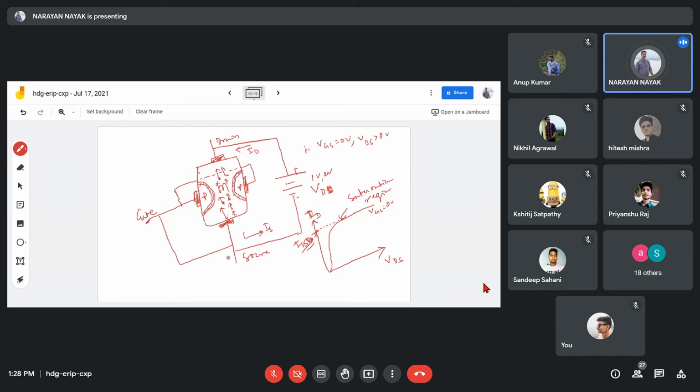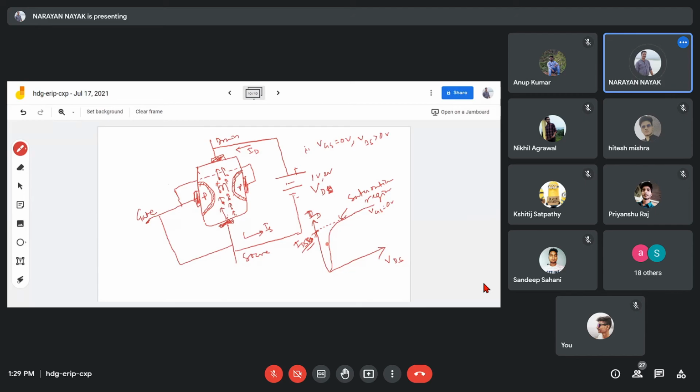What you understood: if the gate source voltage is 0 volt and drain source voltage is greater than 0 volt, the charge carriers flow from the source to drain, so the drain current will flow. If you plot the graph, it increases exponentially and then becomes constant because it reaches the saturation region. At that time, ID equals IDSS. Understood, everybody? Clear?